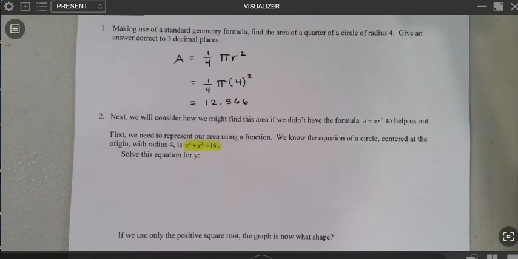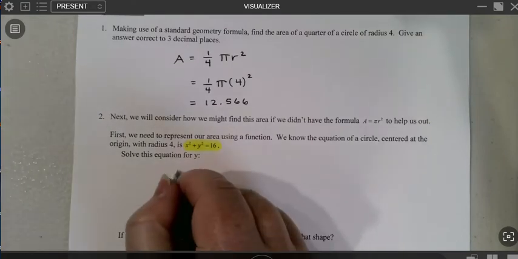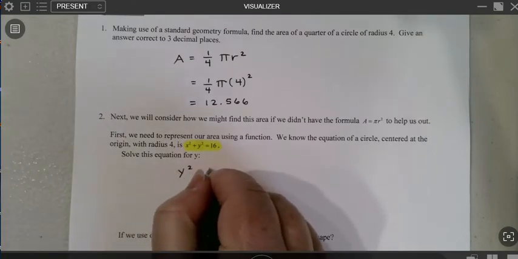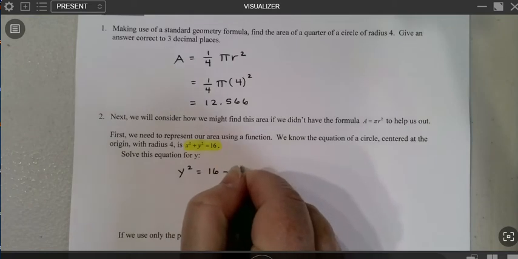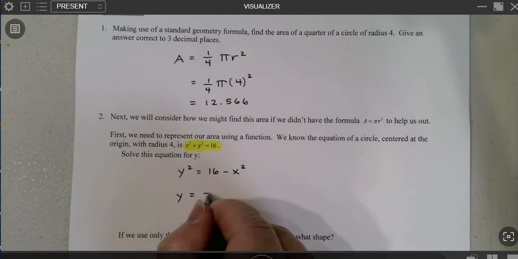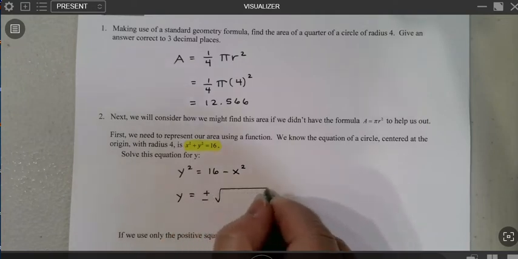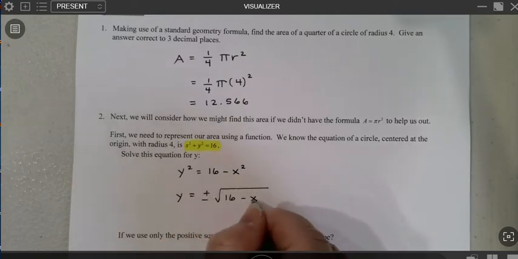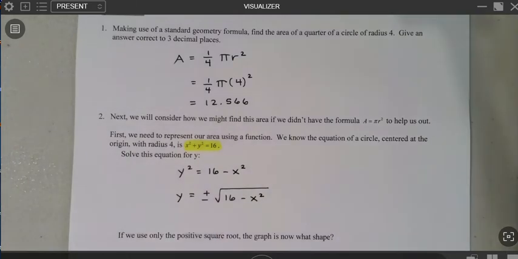If I solve that equation for y, y squared would be 16 minus x squared, and y would be plus or minus the square root of 16 minus x squared.